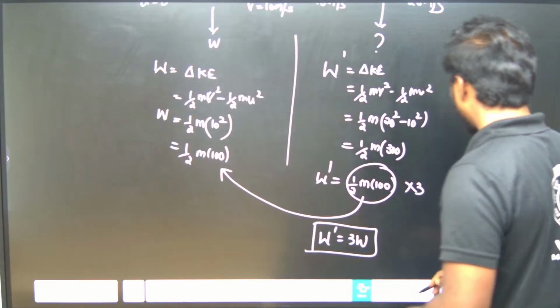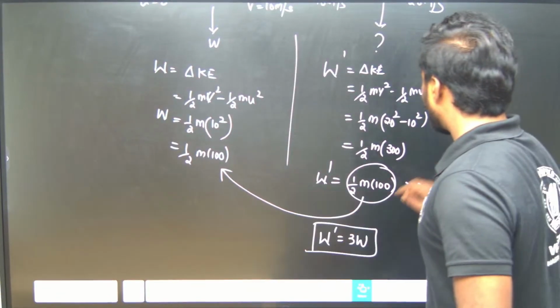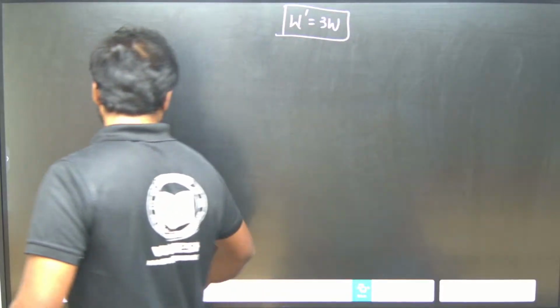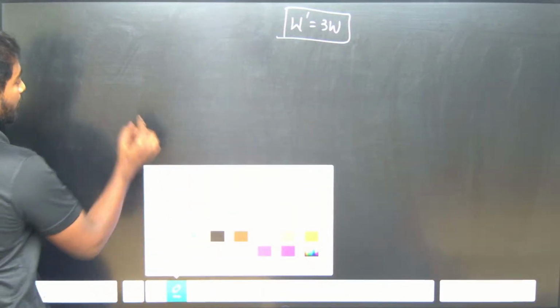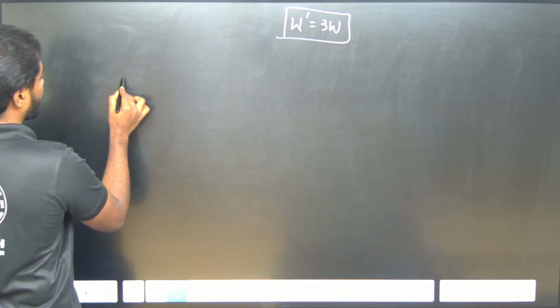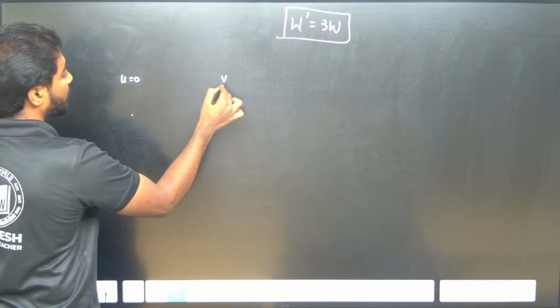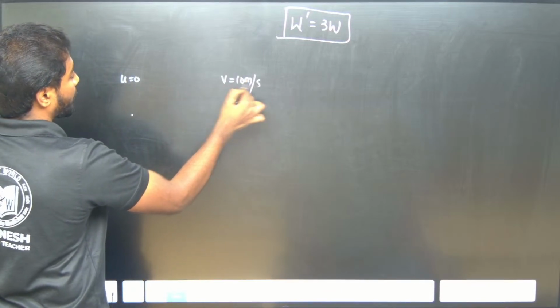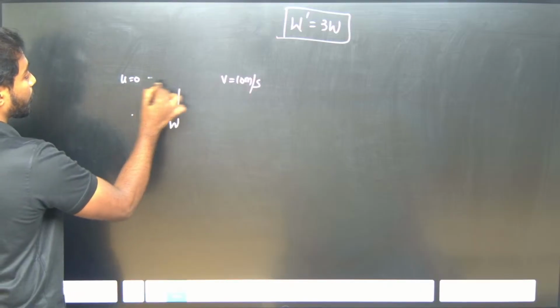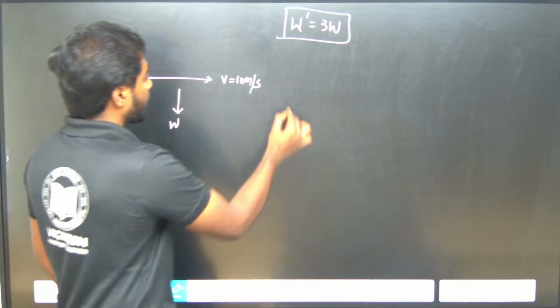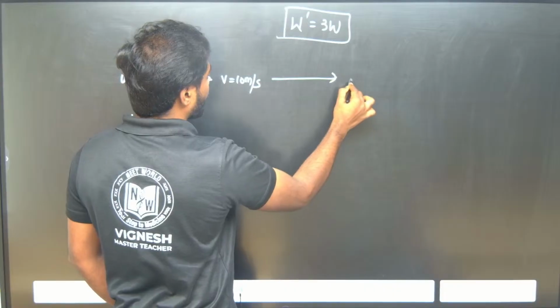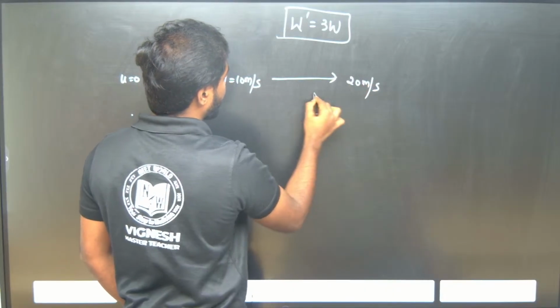Suppose they are asking that from u equals 0 to v equals 10 meter per second, the energy used is W. Again from 10 meter per second to 20 meter per second, what is the energy?